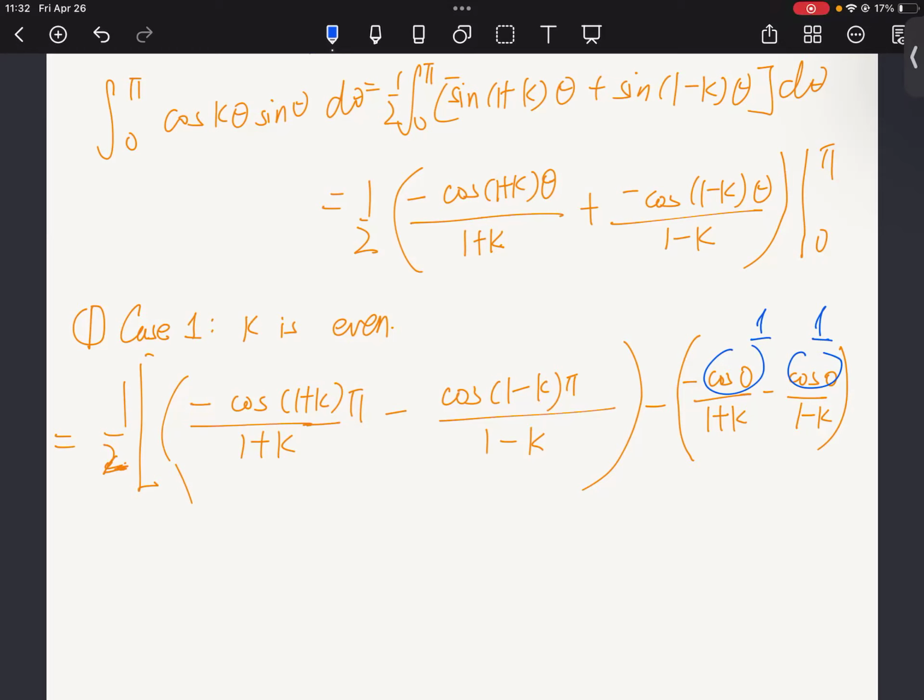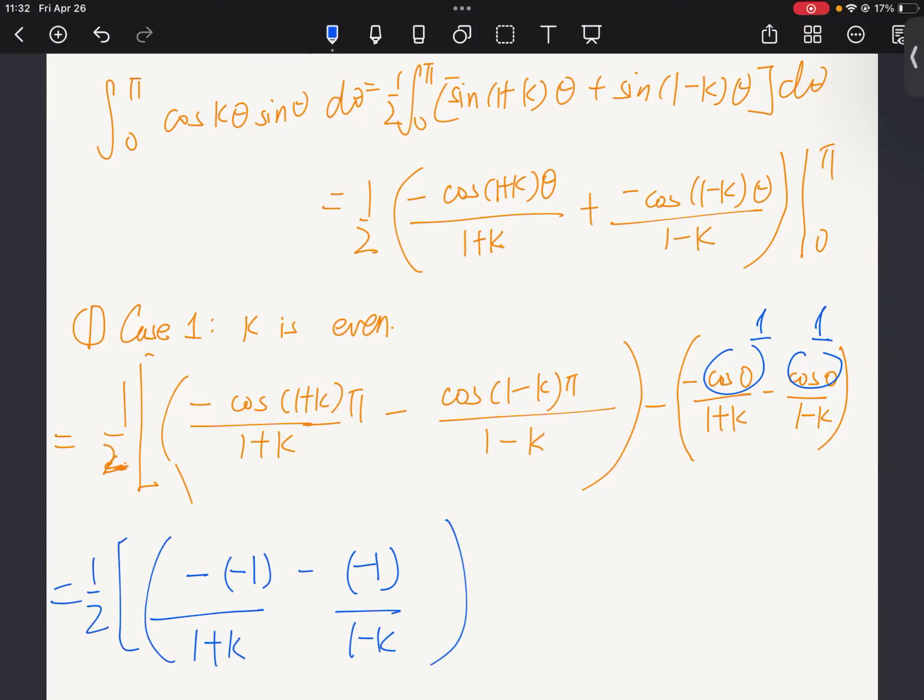So we get negative 1 and negative 1 here. And this is over 1 plus k, and this is over 1 minus k, and then minus.